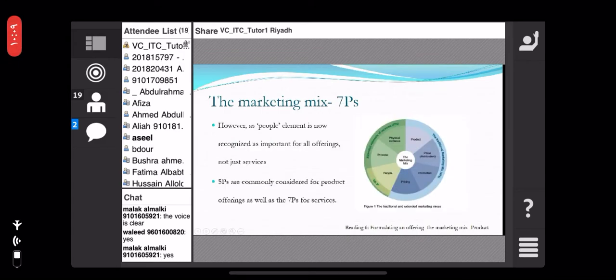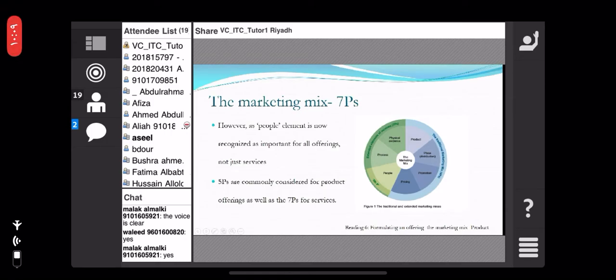For the services, we will add 3 more P's. What are these 3? The fifth one is people, then process, and physical evidence. Any product has product, place, promotion, and pricing. These are the 4 P's for tangible items.